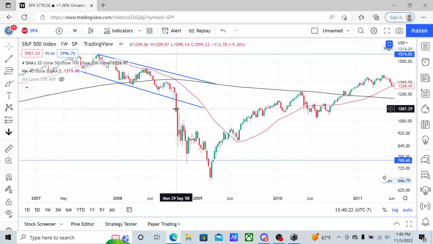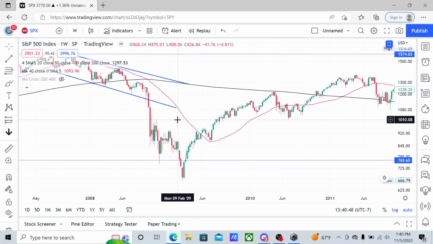People were defaulting on mortgages. I don't know if the Fed was doing anything at the time. I think inflation was still relatively normal. The car manufacturers were getting bailed out, so a lot of things were happening at the same time, driving the market down. And this is where we headed into a hard recession.